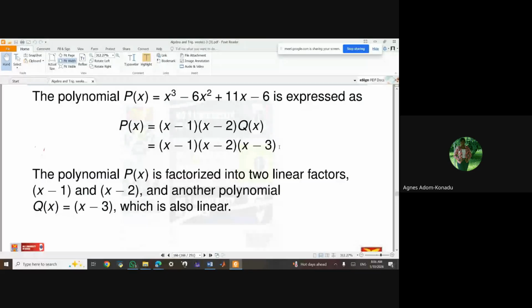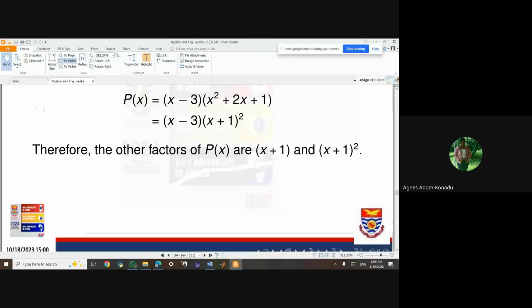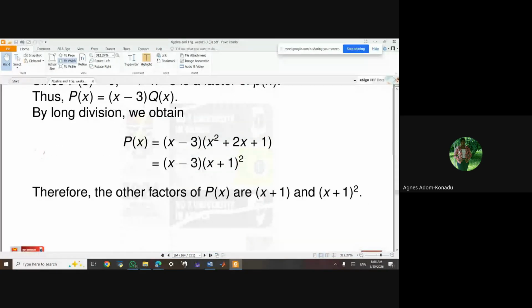Multiplicity of the factor x minus 3 is also 1. Then when we go up here, we saw that this is x minus 3, x plus 1 to the power 2. So the multiplicity of this factor is 1. The multiplicity of the factor x plus 1 is 2. So that's what we call the multiplicity.